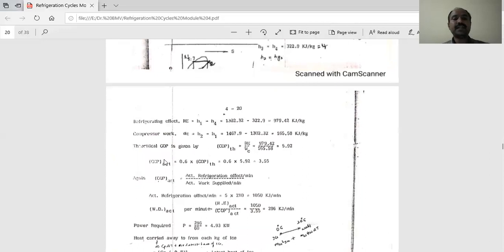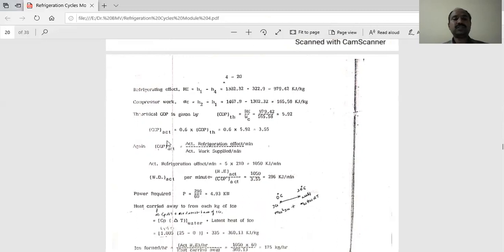Theoretical COP is refrigeration effect divided by work supplied: 979.42 divided by 165.58 gives 5.92. Then actual COP is equal to 0.6 into theoretical COP.